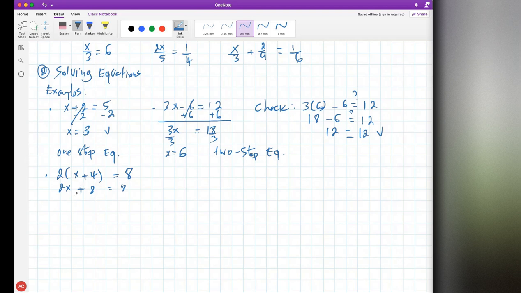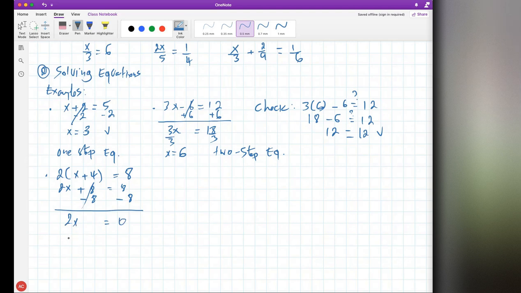So we need to cancel this 8 and then cancel the 2. To cancel the positive 8, we just combine it with the opposite. The opposite is negative 8. Do the same thing on the other side. Again, these two cancel out as we saw last time, the inverse property. Bring the 2x down, the equal sign, and 0.